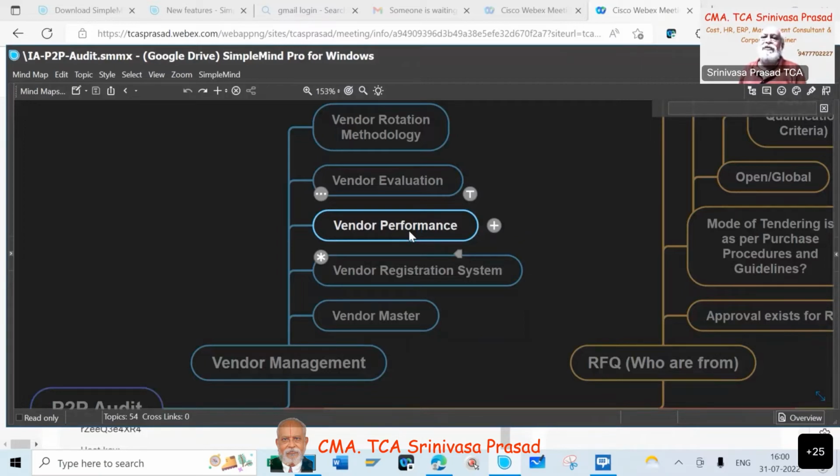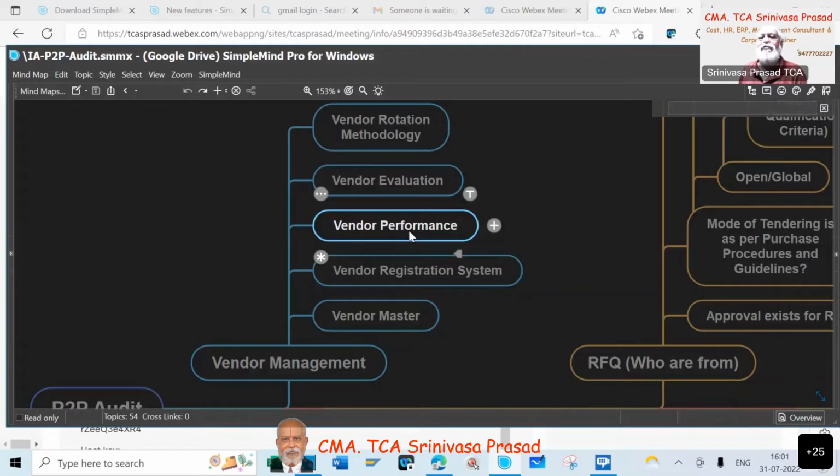So vendor performance depends on many things, based on the way he is compliant with all other rules and regulations, and quality, quantity, timeliness, after sales service. And if it is an industry where child labor is likely to be more, and you are giving a certificate to your customers saying that you are compliant with so many things, that means your vendor also should be compliant on all those things.